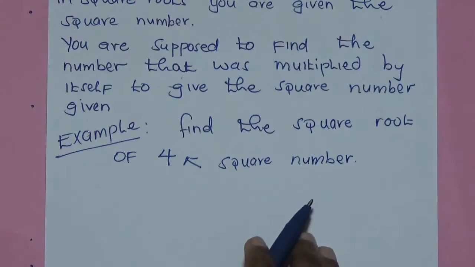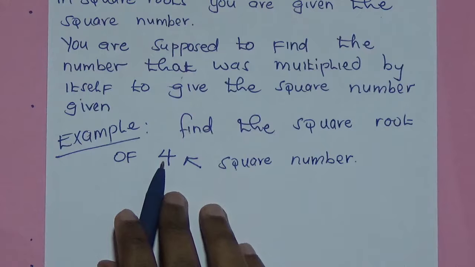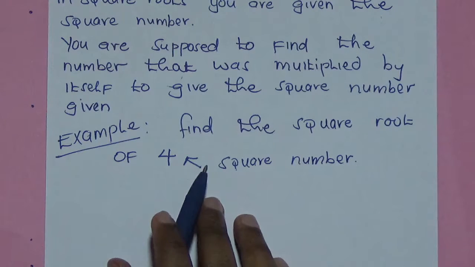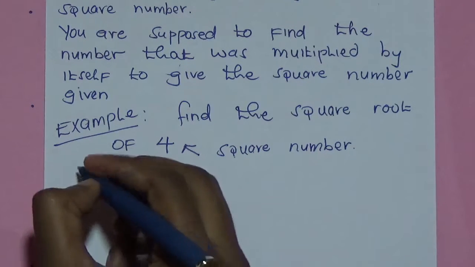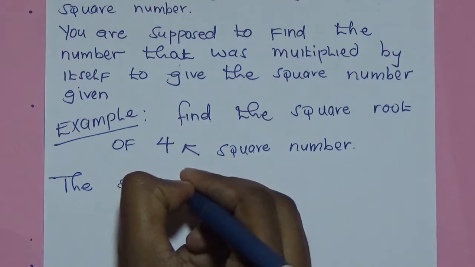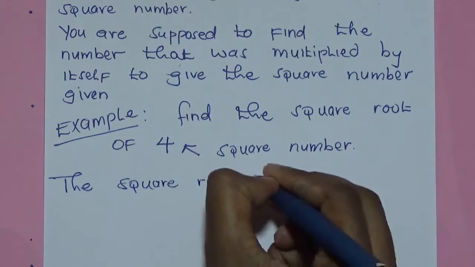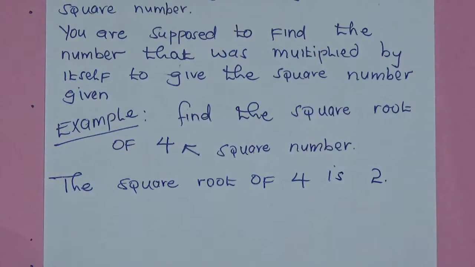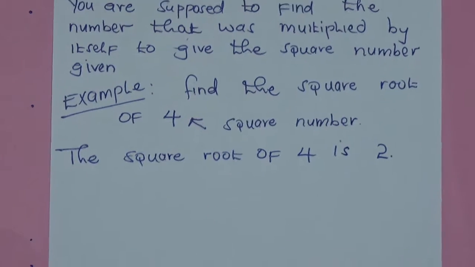That is what you have said. So, which number was multiplied by itself to give 4? The answer is 2. So, we can say that the square root of 4 is 2.